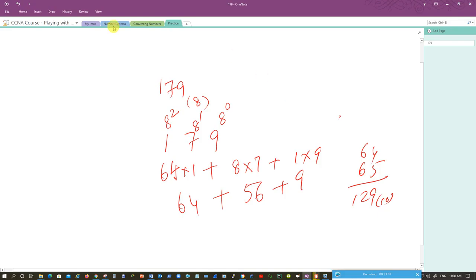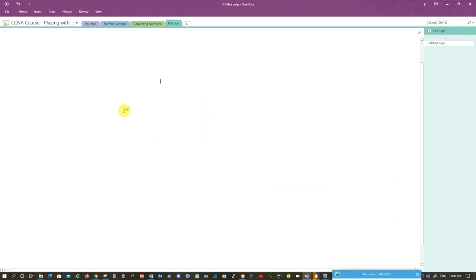Now coming to hexadecimal to binary, I would like to show you how, if you are given any hexadecimal number, you can convert it to binary. Supposing you have a number given to you, say E7. Let's take 2 digits, because I don't want you to get confused.